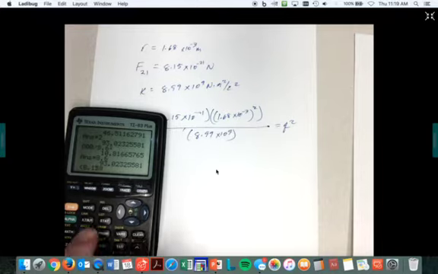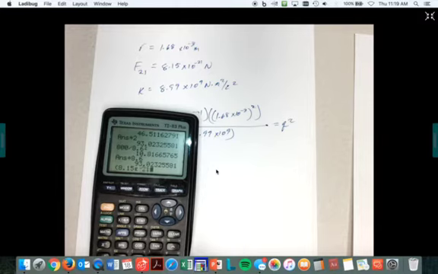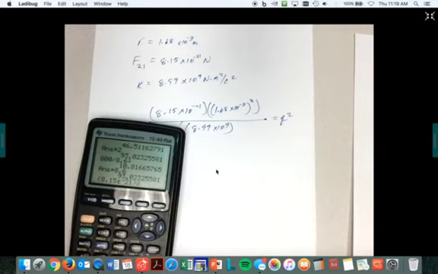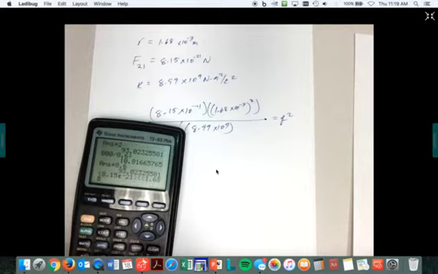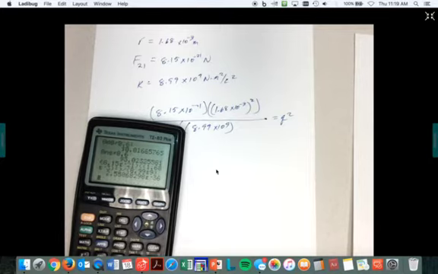8.15 E to the negative 21. It's not a very strong force. Times, double parentheses, 1.68 E to the negative 3 squared, divided by 8.99 E to the positive 9. Boom.